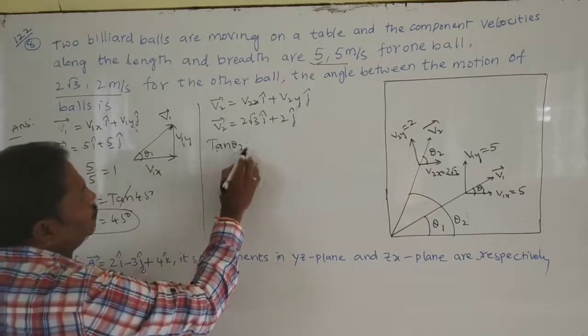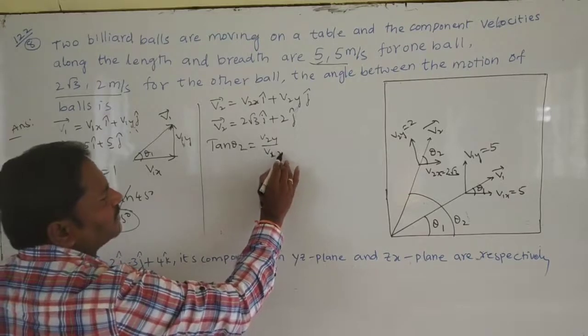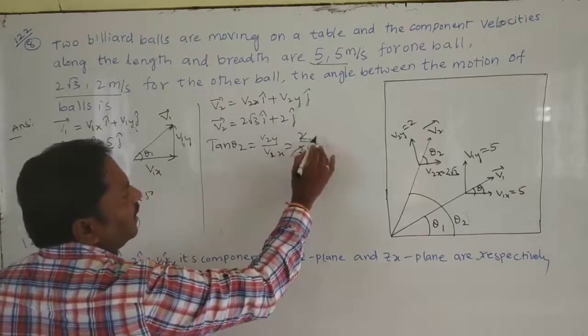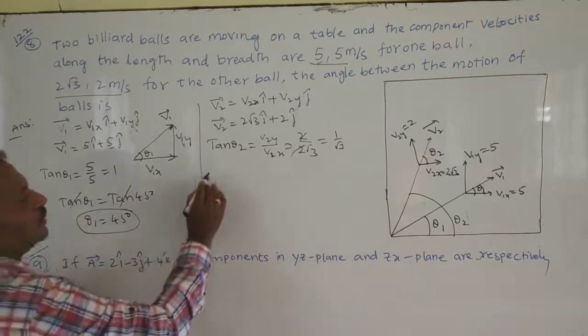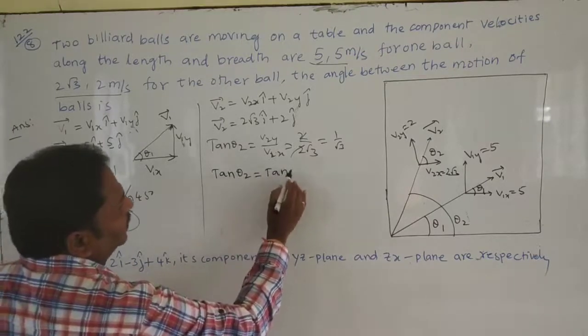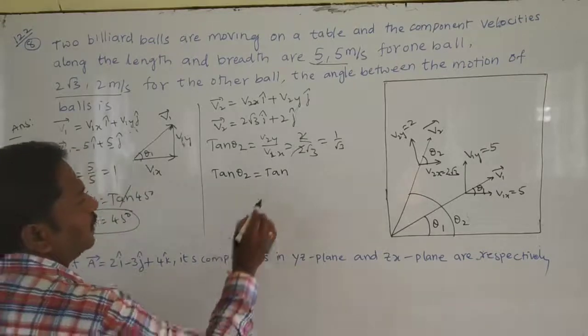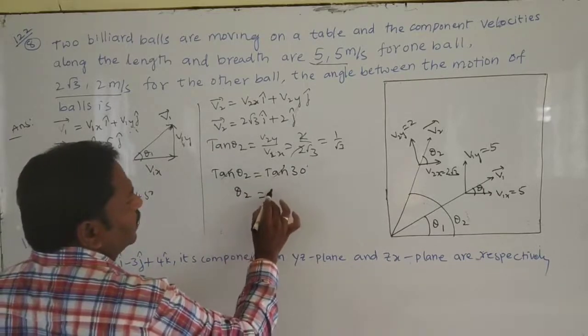Now tan theta 2 equals V2y by V2x, which is 2 by 2 root 3, so 1 by root 3. 1 by root 3 is tan 30 degrees, so theta 2 equals 30 degrees.